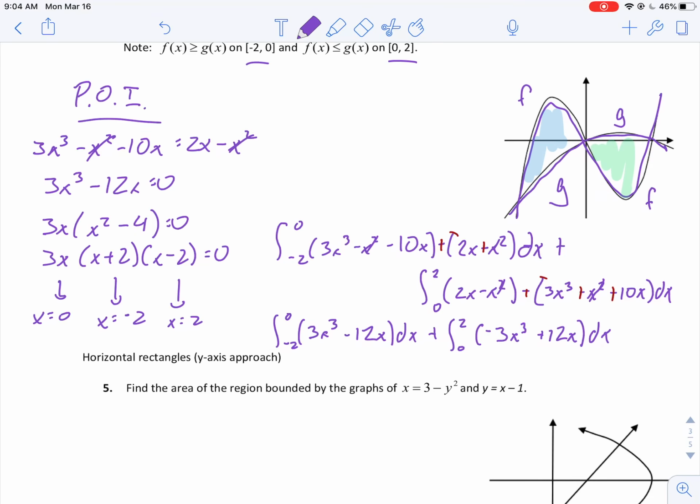Now let me write this down so I can put it in my calculator.